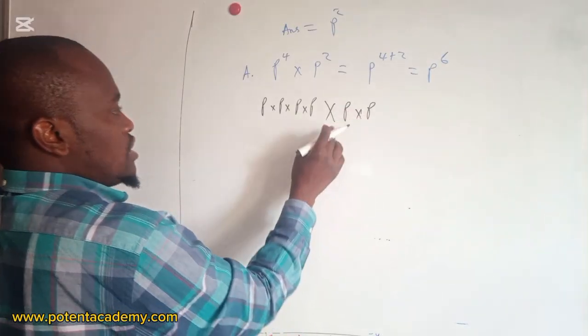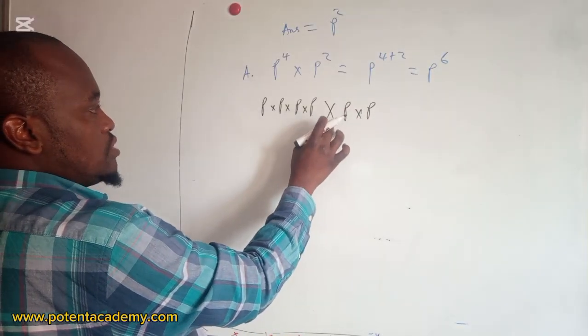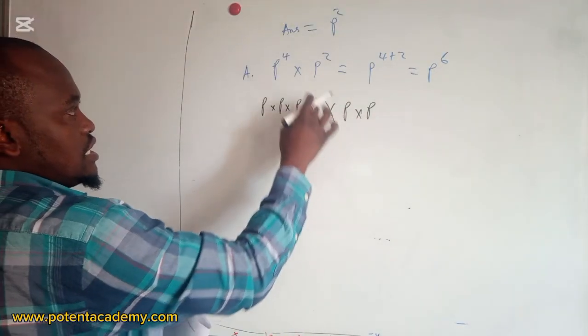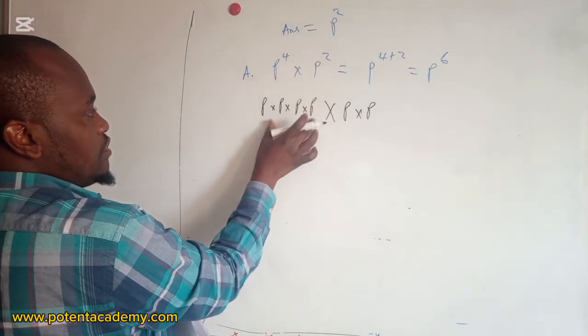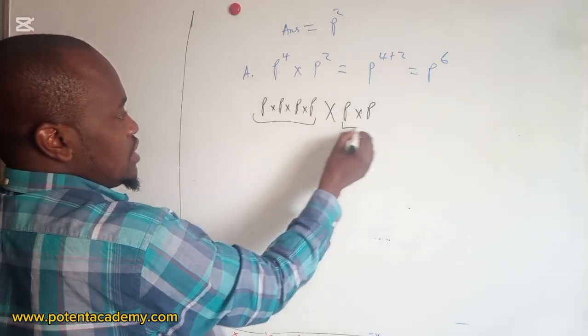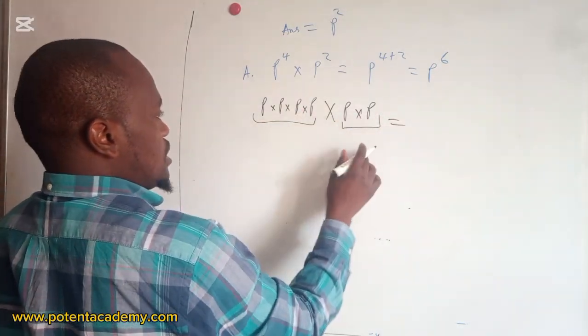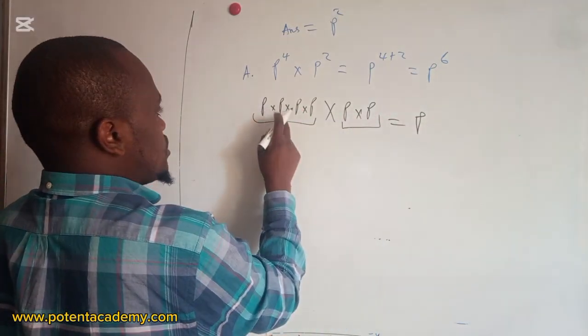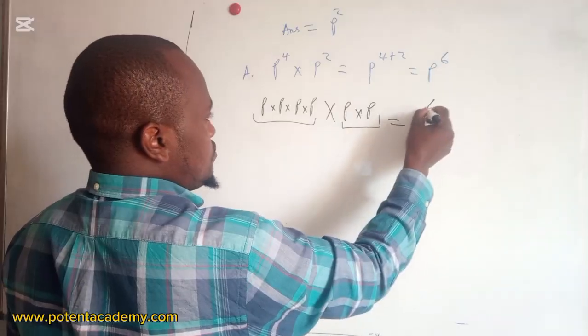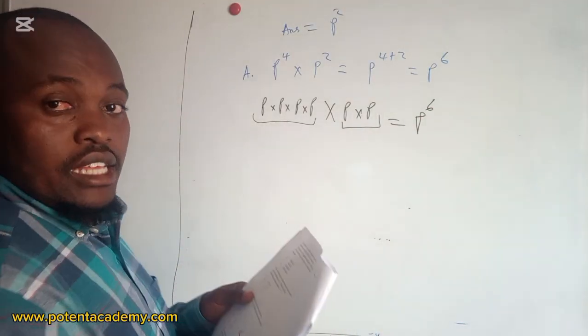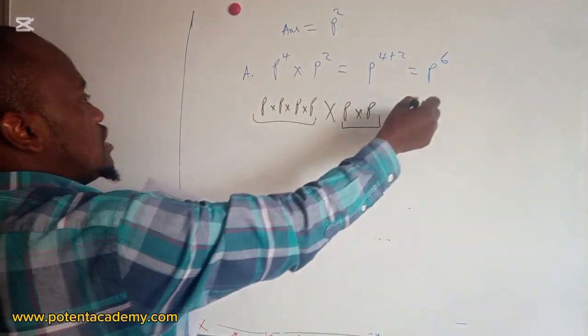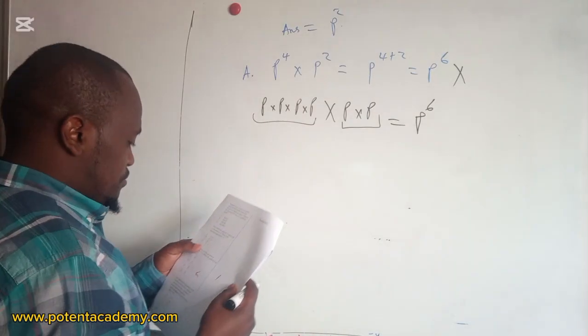I just indicated this to show you the difference where I have expanded the two. When I write all this as one, it is p raised to 6. So clearly this is not the answer because they want p squared. So A is not correct.